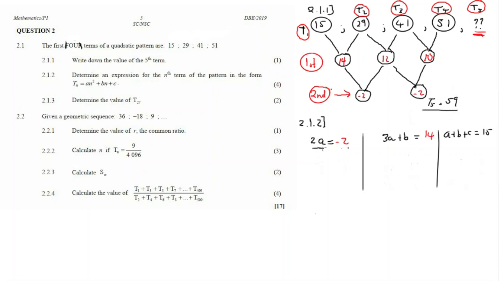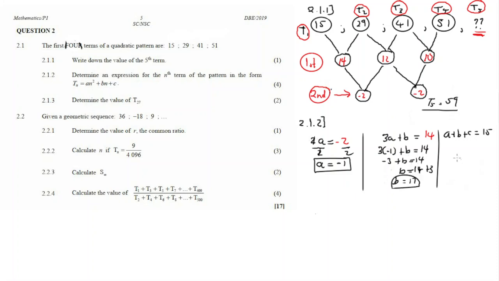So we start by calculating a. 2a is equal to negative 2, divide both sides by 2, a is equal to negative 1. And then b: substitute negative 1 into 3a plus b is equal to 14, negative 3 plus b is equal to 14, b is equal to 14 plus 3, b is equal to 17.